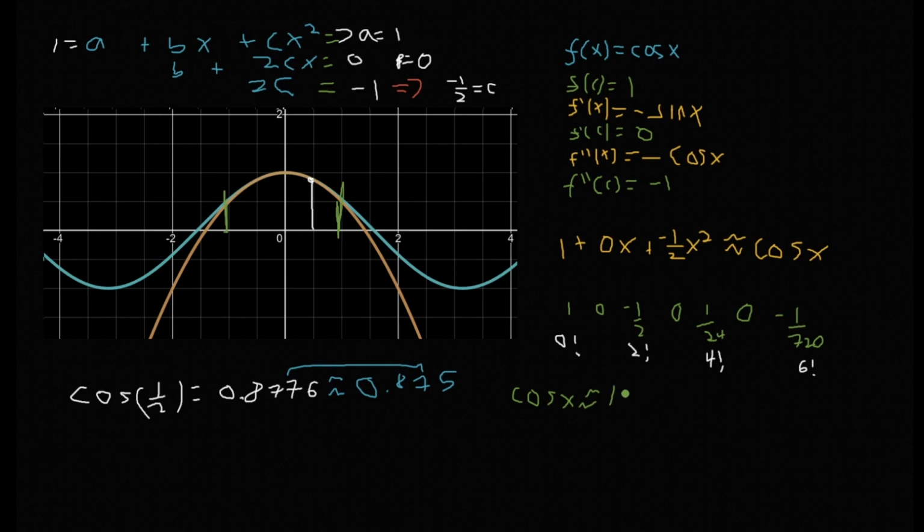But we start at 1, and then we go to x squared over 2 factorial, and then we add x to the 4 over 4 factorial.